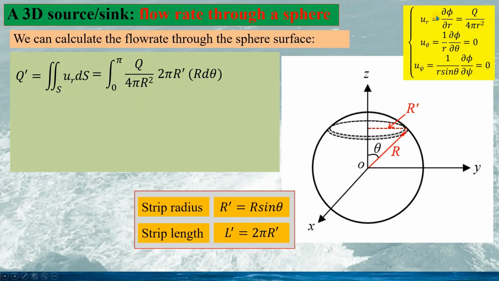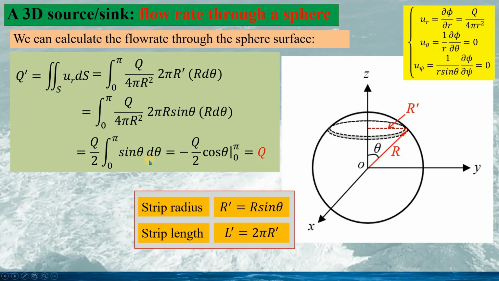This part is the velocity component, this is the stripe length, and this is the width of the stripe. So this part would be dS, the surface of the stripe. We substitute r prime into the expression, we have this, and then this and this. We obtain that the flow rate passing through the sphere is a constant q.